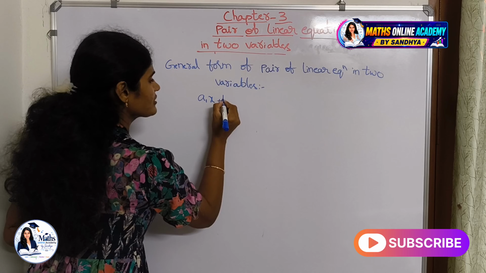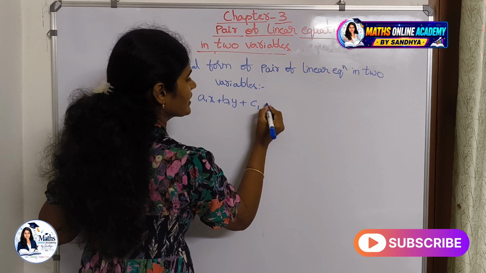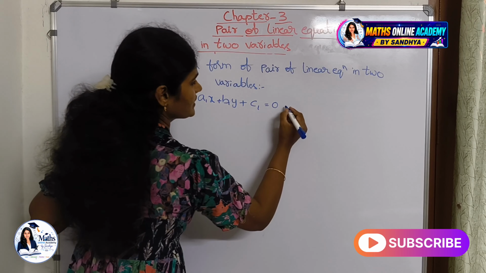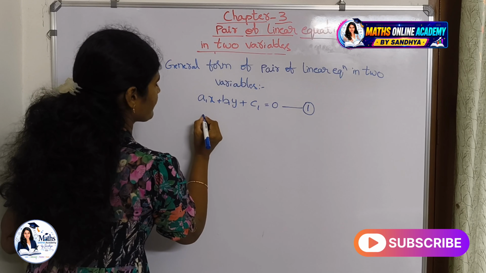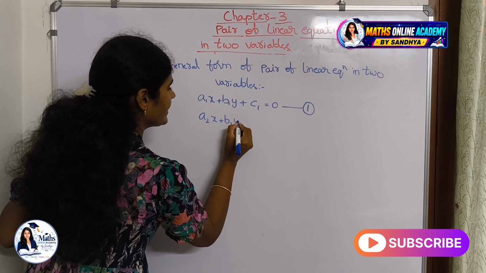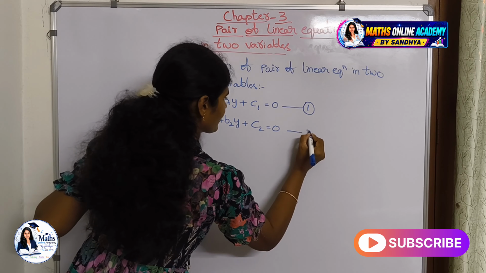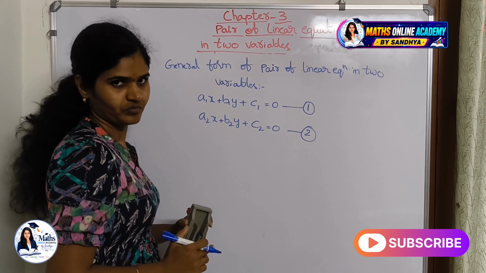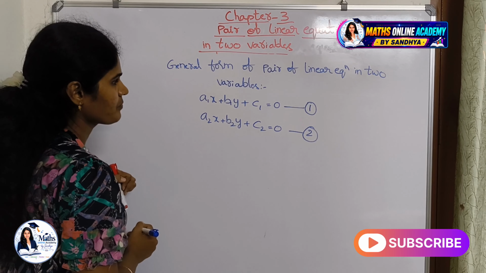a1x plus b1y plus c1 equal to 0. This is equation 1. a2x plus b2y plus c2 equal to 0. This is equation number 2. Okay, what are the questions here?